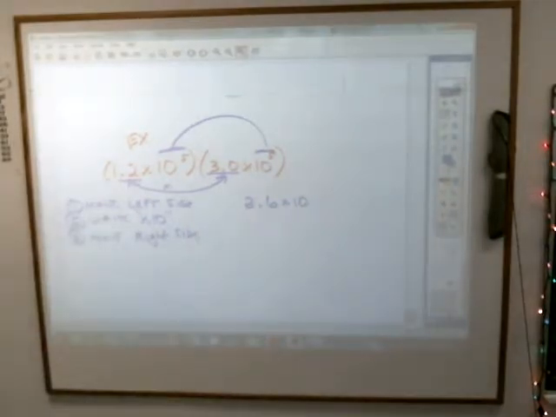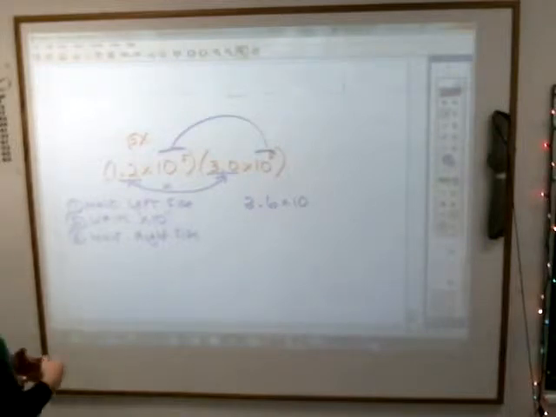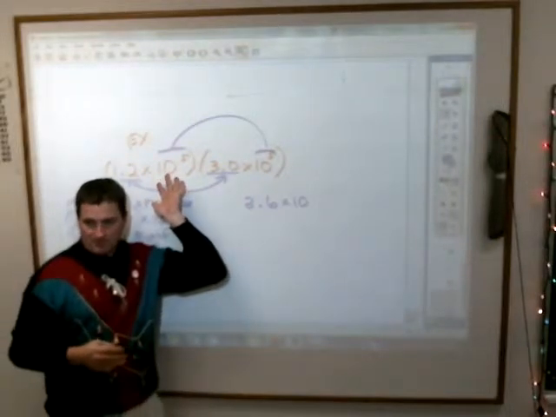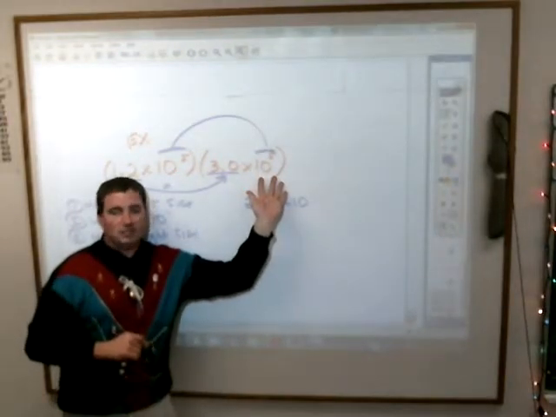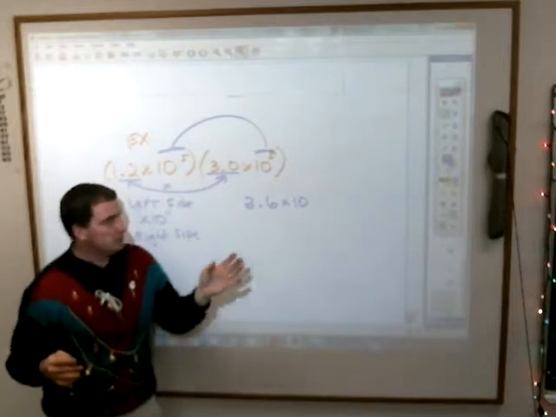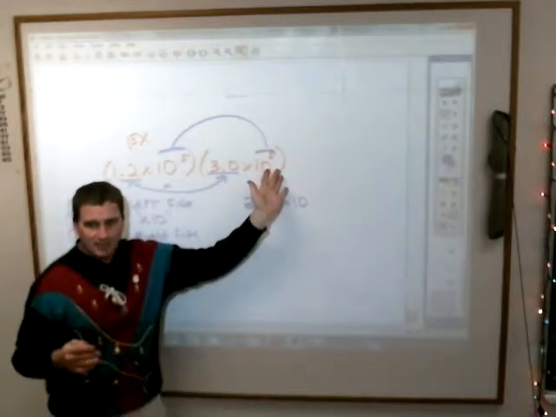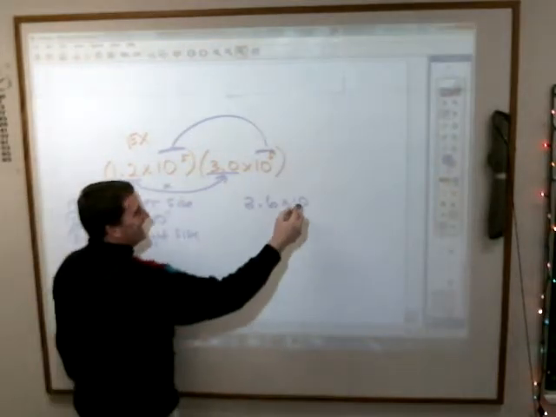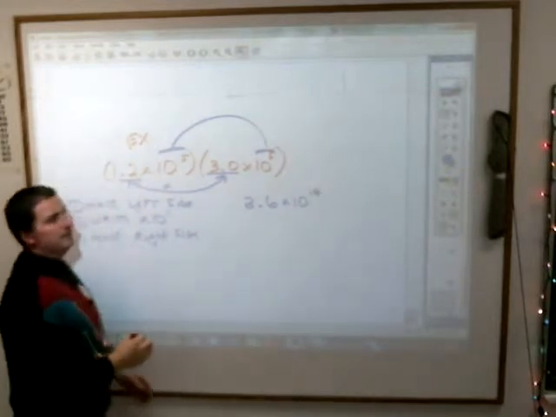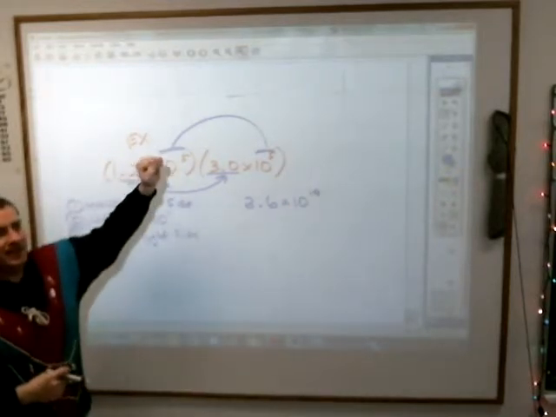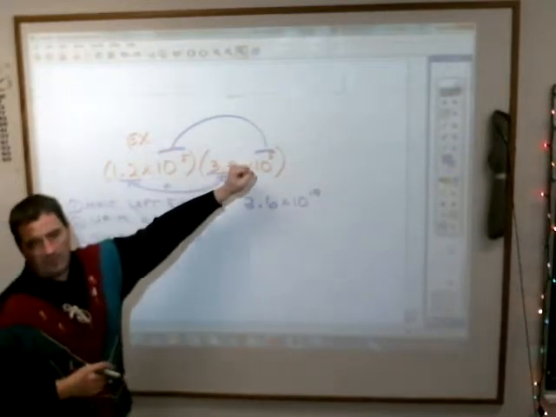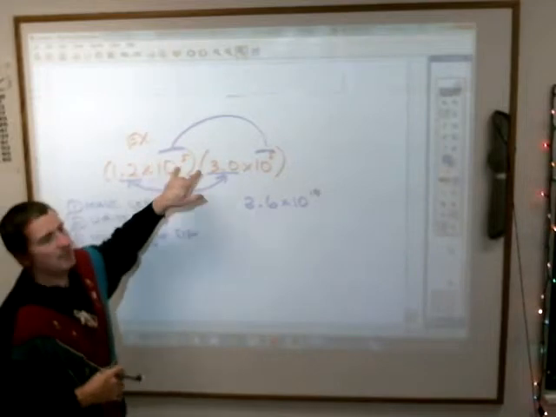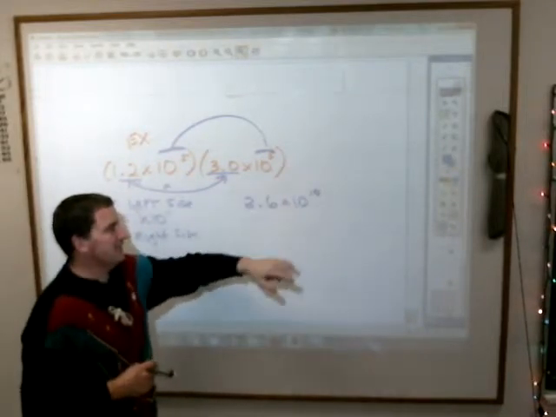If you have 5 tens multiplied together, and then another 5 tens multiplied together, you don't end up with 25 tens, which is what you think when you say 5 and 5. You only have 10 to the 10th. When you multiply bases that are the same, you add the exponents. You don't multiply them. You have 5 tens and another 5 tens, that's a total of 10 tens.